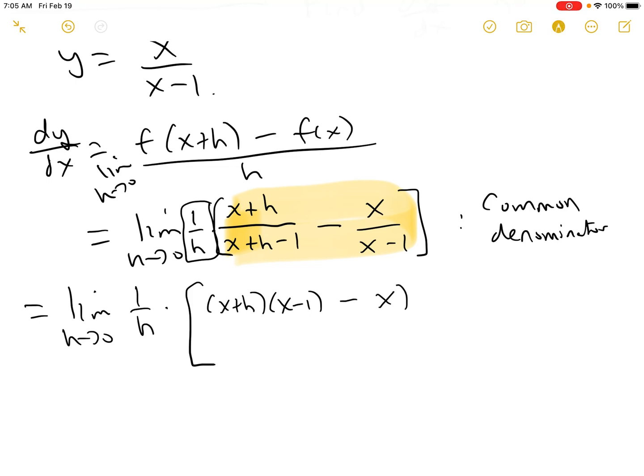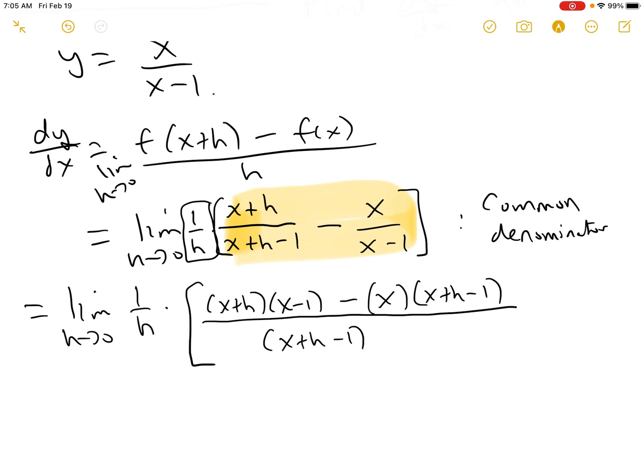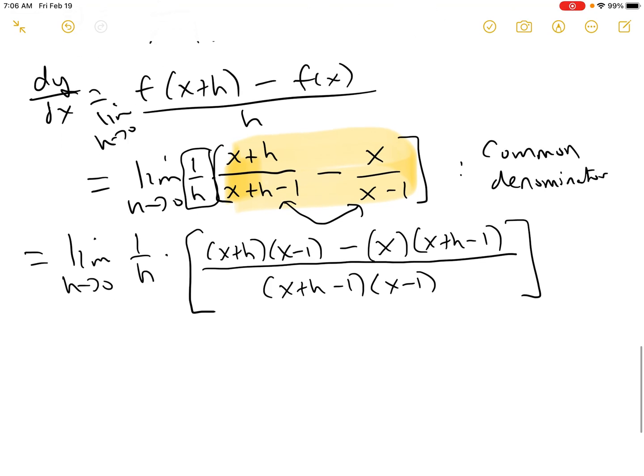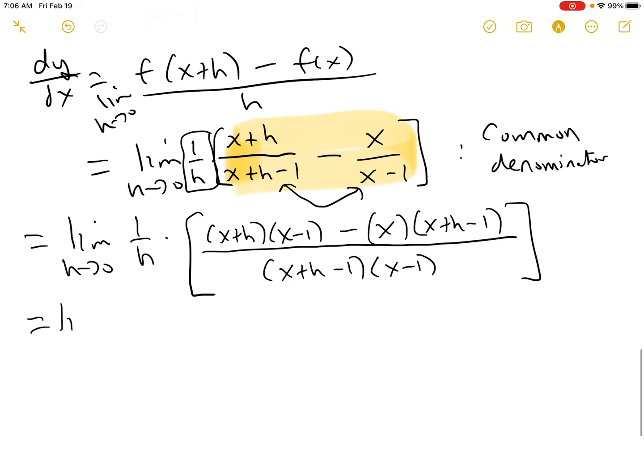And then over here, I'm going to multiply by x plus h minus 1. And this whole thing now lies over the common denominator. It's really important you understand what just happened there. I found a common denominator, which was the product of these two, and basically cross-multiplied to get what's in the numerator. And here's where we all fall apart, because you have to make sure you FOIL and then distribute.